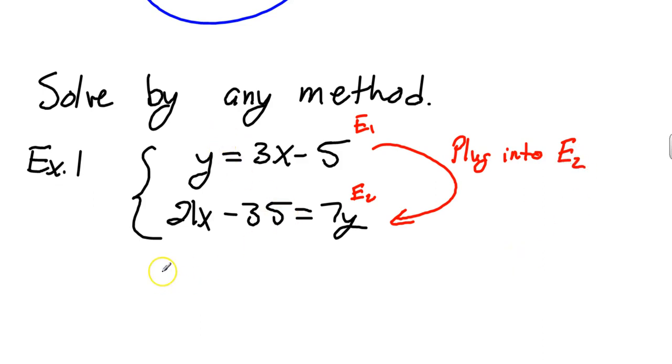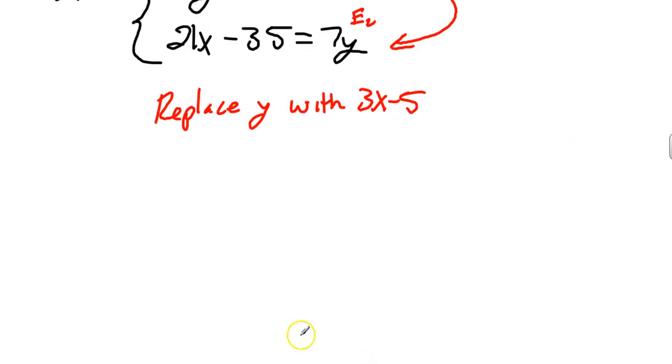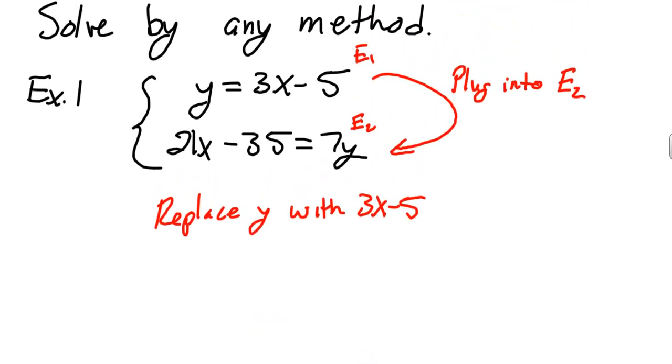And again, when you do that, you're going to replace y with 3x minus 5. And sometimes it helps, I know it's a math class, but sometimes if you actually use the English words and write out that you're going to replace y with that, it makes it easier to see exactly what you're doing. I've had people before that get lost in the substitution.